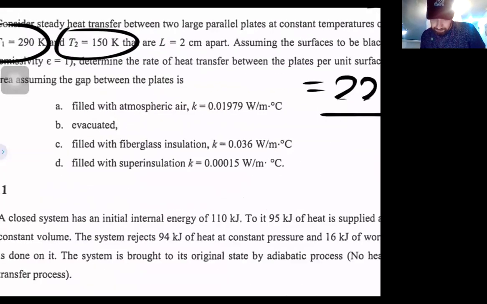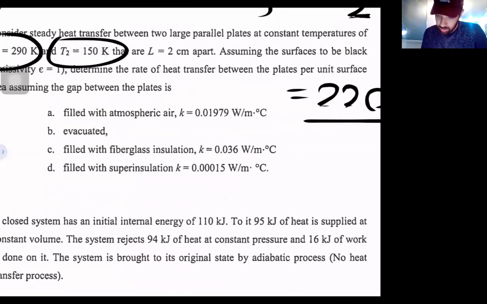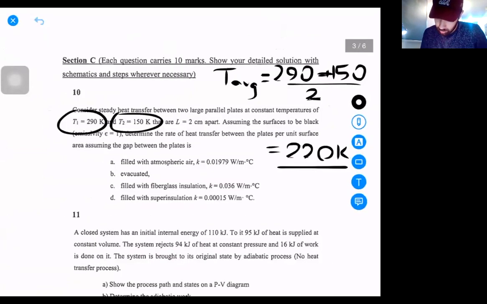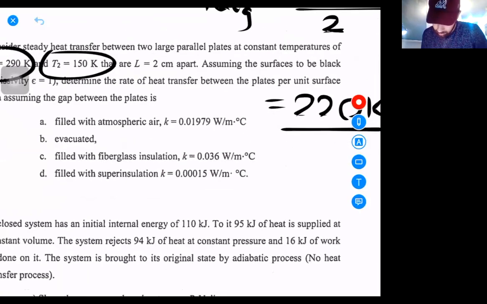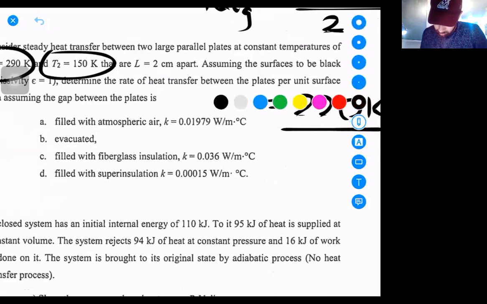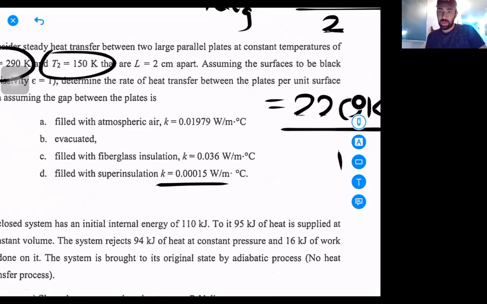If you see here, you are given the amounts of K for different parts, so it wasn't even needed to find the average temperature because all of the information was given to me.